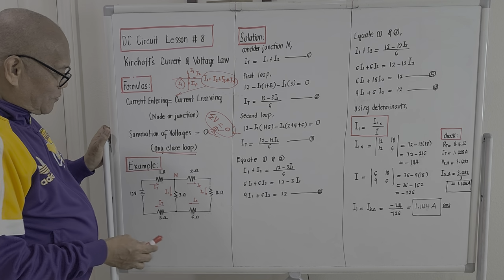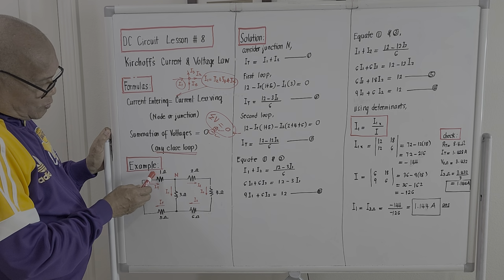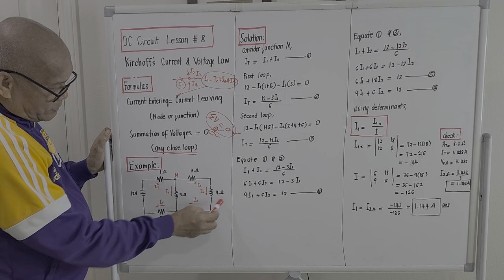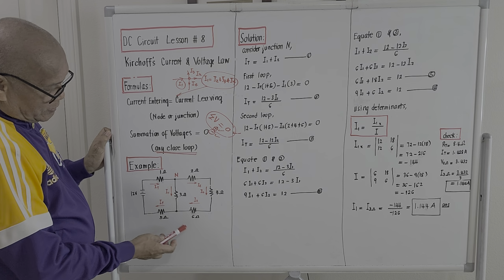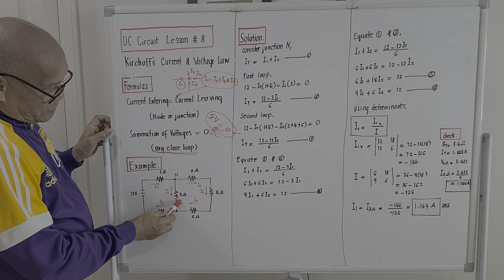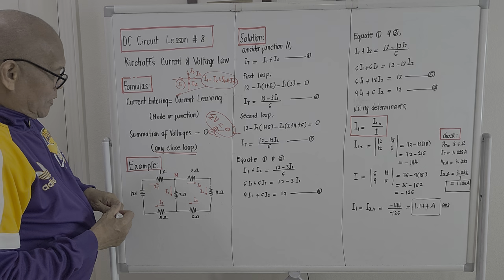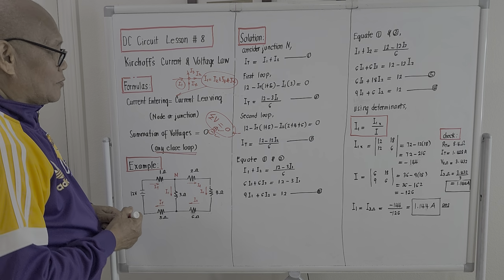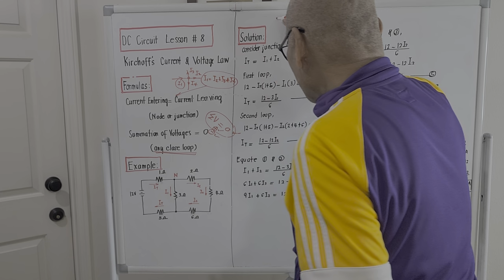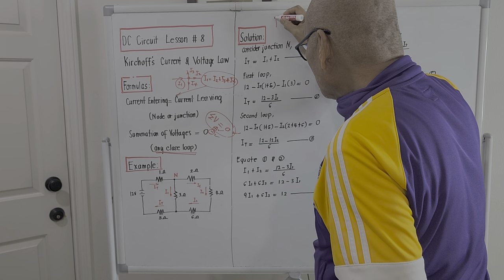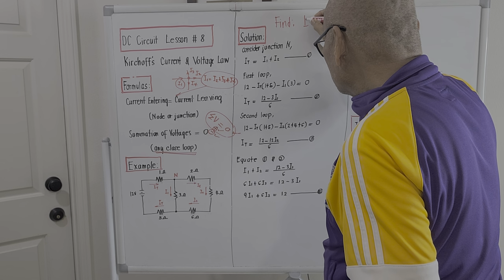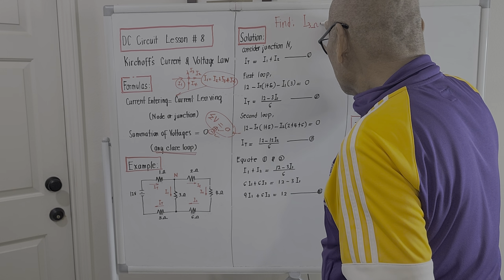Okay, so these are the given values. 1 ohm, 2 ohm, 3 ohms, 4 ohms, this 5 ohms, 6 ohms. The one at the middle is 3 ohms. And the problem is just asking what will be the requirement there. We are asked to find I sub 3 ohms equal to.